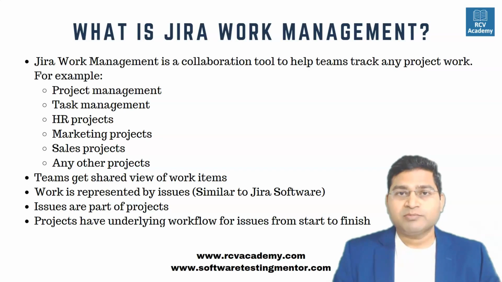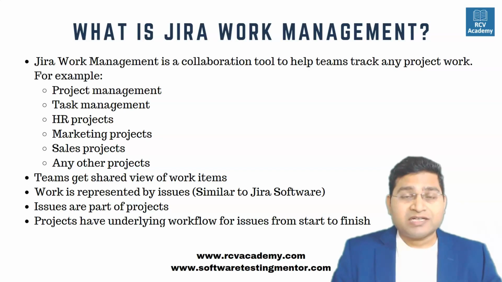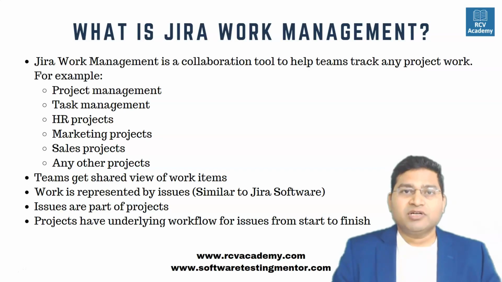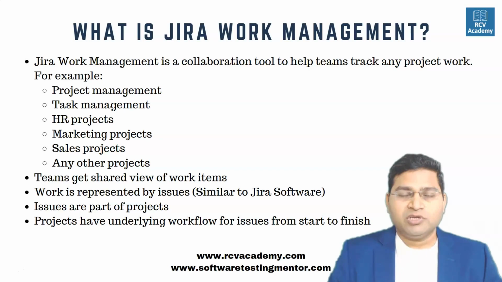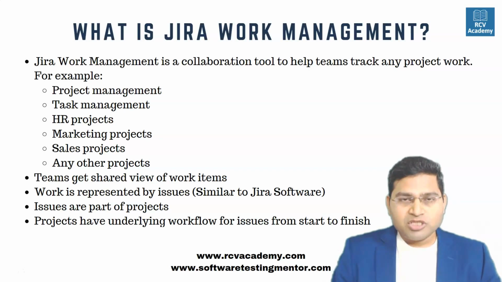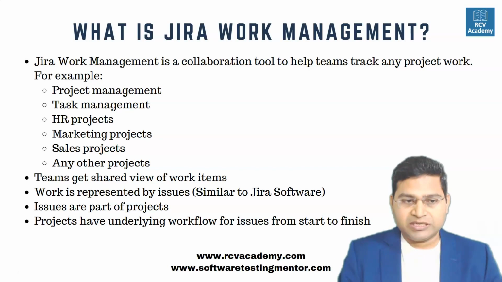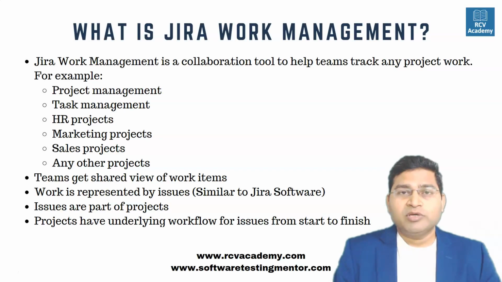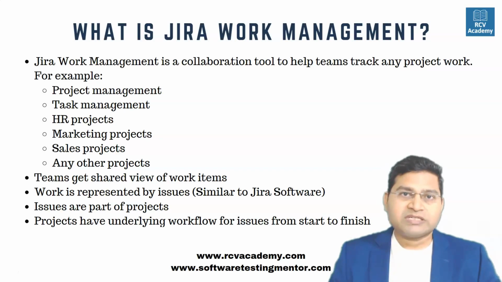Now in Jira Work Management, if you are tracking any work item as part of the project, the work item will be represented as an issue. An issue can be of any type, right? If you're doing a marketing project or sales project, there can be different issue types, which we'll cover when we move to the project creation anyways. Once those issues are part of the project, they will then follow a particular workflow, which is basically the underlying workflow for the project. For building a house, there could be a workflow which follows the statuses to do, in progress, and done, right?